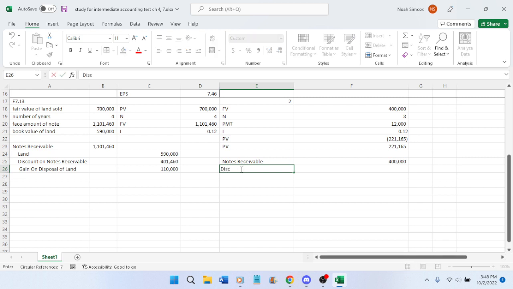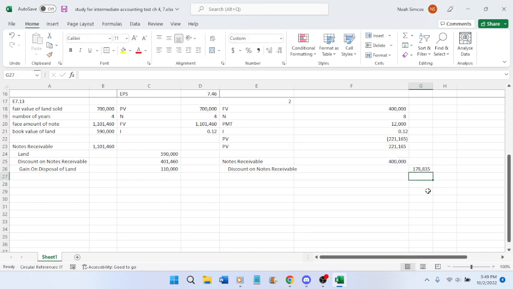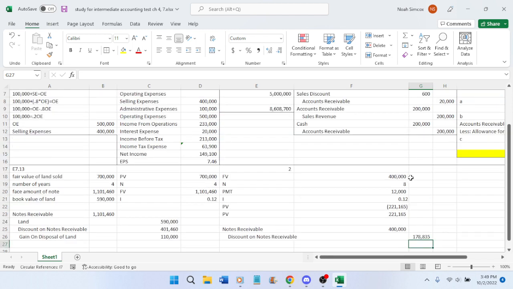Discount. Now this amount is going to be equal to this minus this.